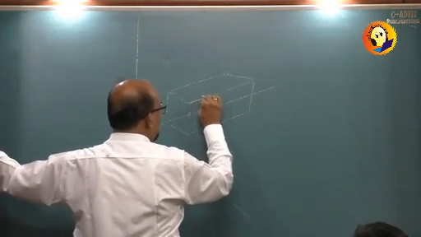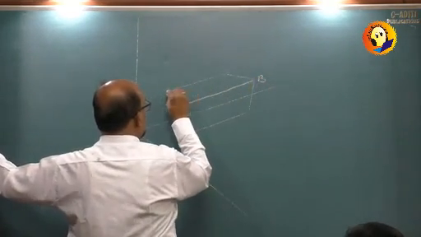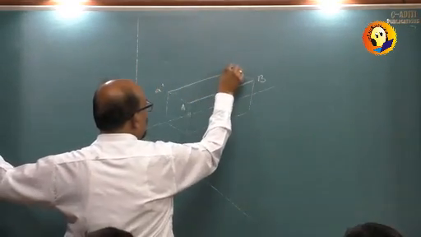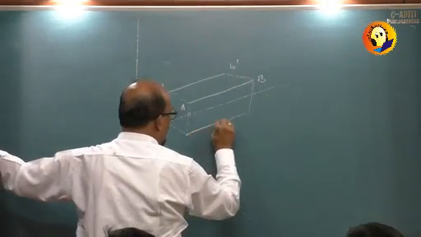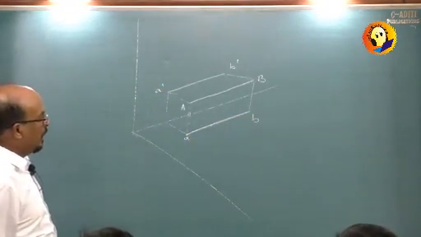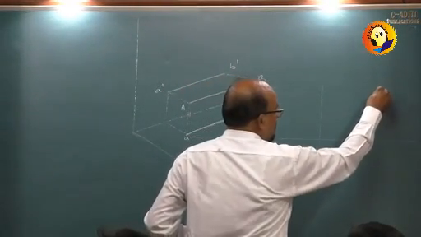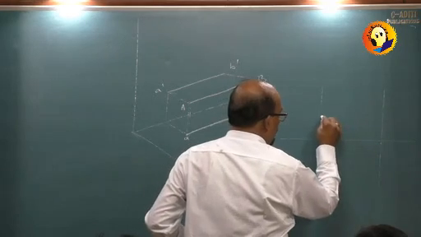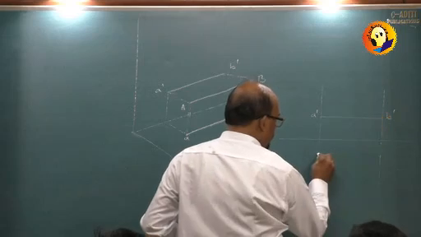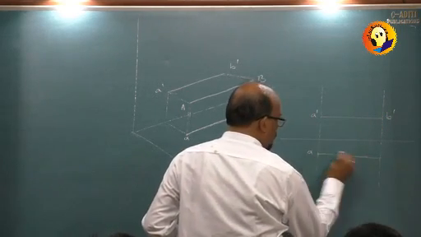So this is line AB. This will be its elevation, which is parallel to XY, and plan parallel to XY, and we have that particular line appearing in true length in both elevation and plan.